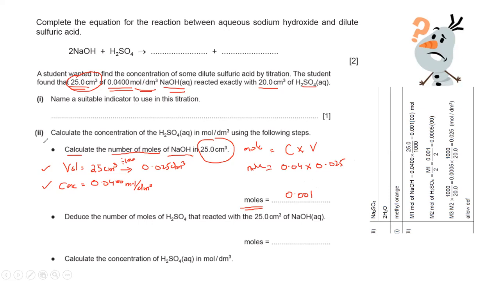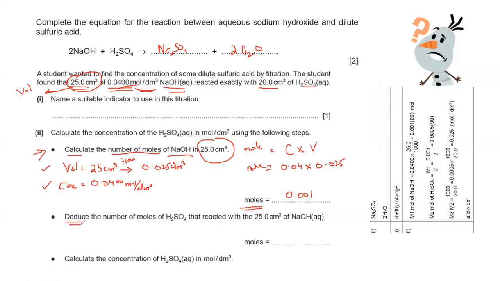Is the first part clear? Does anyone have a question or a doubt in the first part? So we have the volume of sodium hydroxide and we have the concentration. We got the moles.